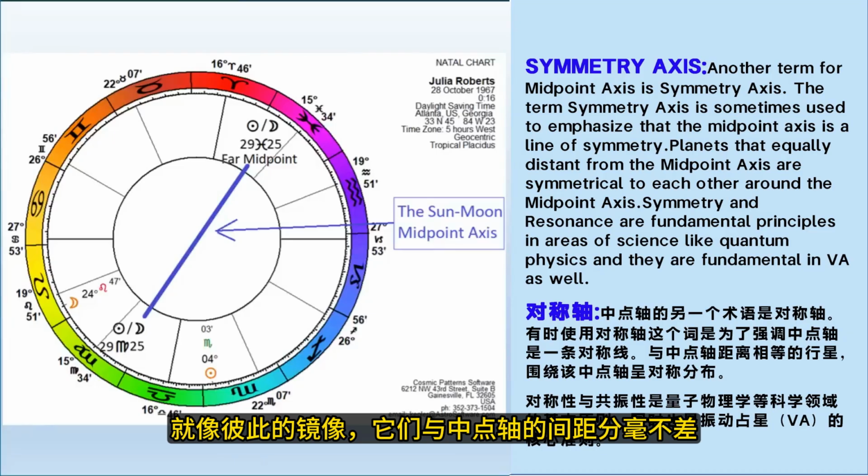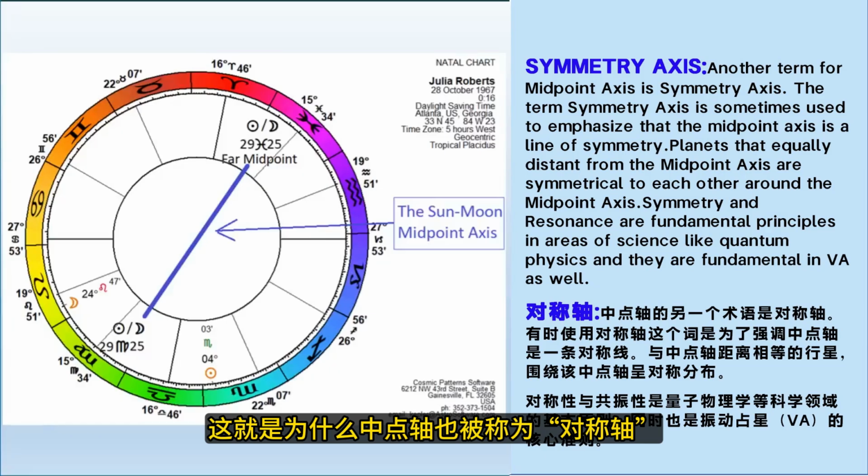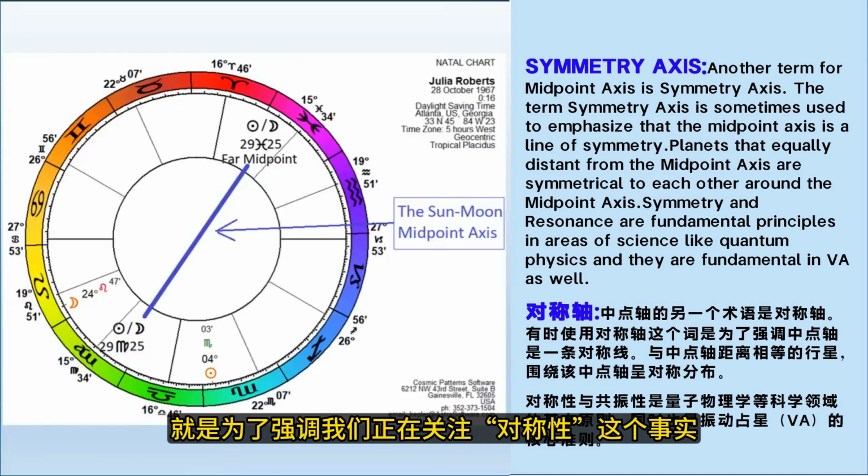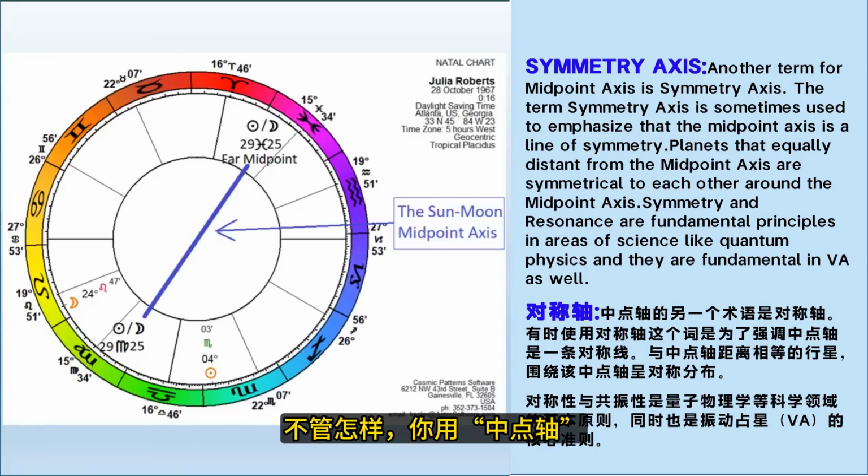They are equally spaced from the midpoint axis. And that's why another term for midpoint axis is symmetry axis. And sometimes we use the term midpoint axis just to emphasize. We're emphasizing the fact that we're focusing on symmetry. But in any case, you can use either the term midpoint axis or symmetry axis to refer to this line.